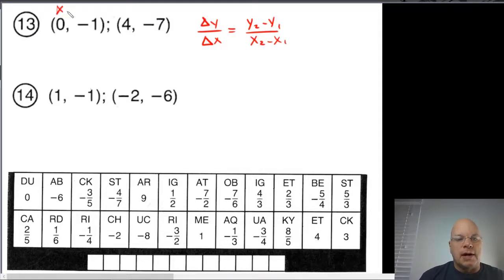You could make this x1 y1 and this x2 y2, or you could have done it the other way. It really is not going to matter. You're still going to end up with the same sign on your slope as we saw in the previous problem. So why don't you try to do 13 and 14 and then come back after the pause to see how you did. Paused.